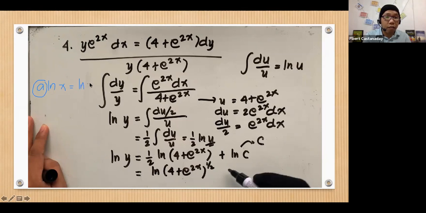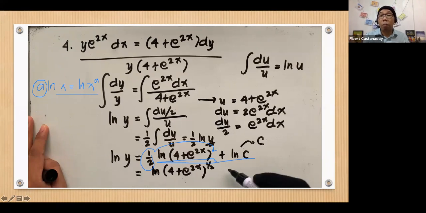So ln of x raised to a. This property was utilized in this part of your solution. So this 1/2, we have put this as the exponent so that we can combine this entire side of the equation.